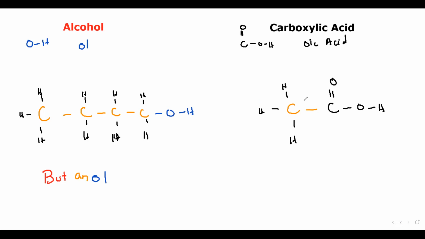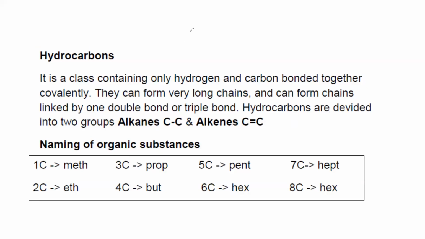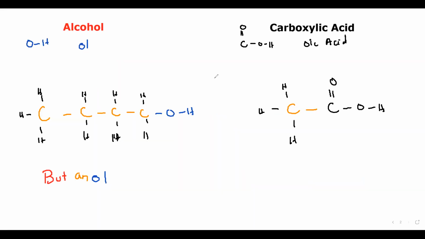So if we want to name this, we have to count first the number of the carbon. There are 2 carbon atoms. So when you check for 2 carbon atoms, what we use, the term eth. So here in this table, for 2 carbon atoms, we use eth. So we should use eth as there are 2 carbon atoms.